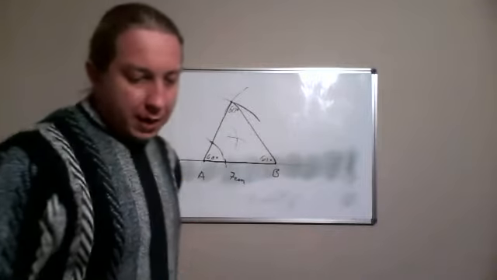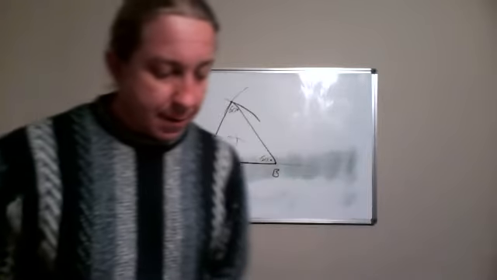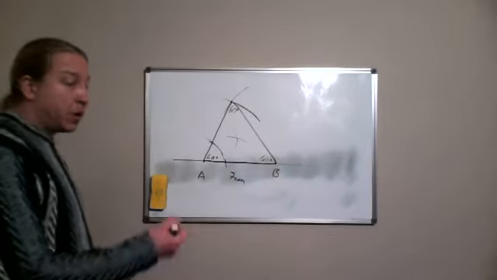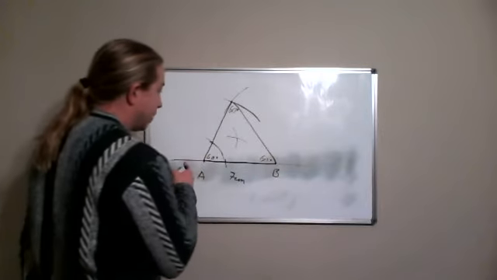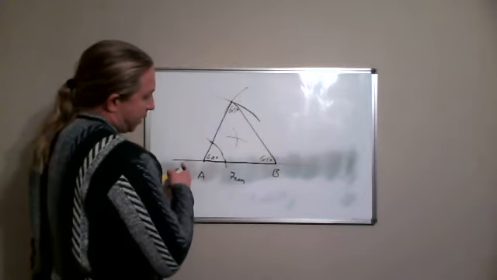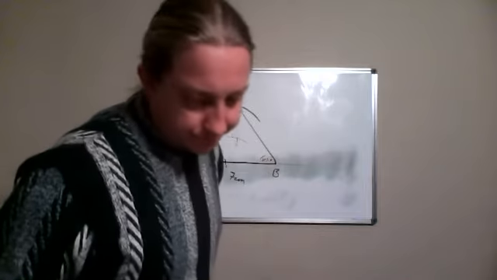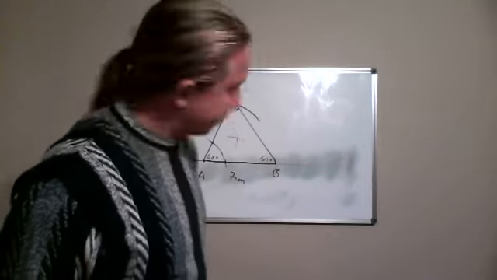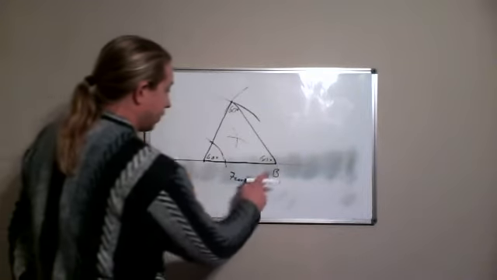Well, let's see, what do they actually ask us to do? They say construct equilateral triangle ABC and then construct an angle of 30 degrees by bisecting angle ABC with line BD. Okay, so we want to bisect it with line BD. I should have named this a little bit differently.